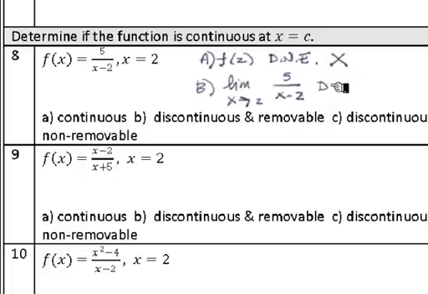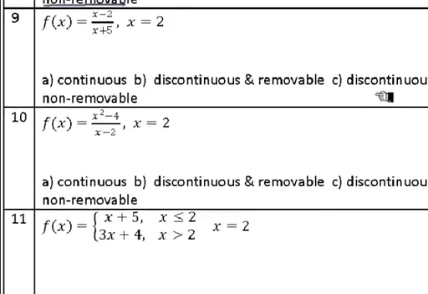So this limit does not exist. All right, so b is not true as well. Now, since b is not true, that means non-removable. So it's discontinuous and non-removable, so we're going to choose option C.